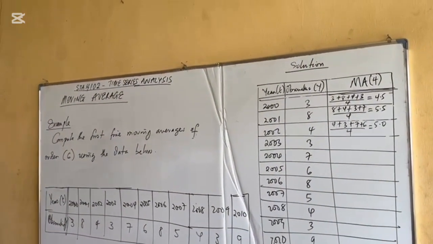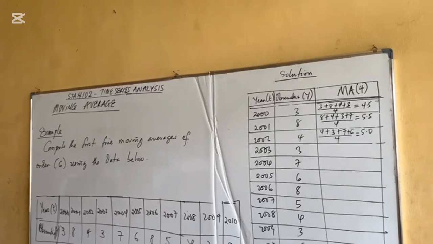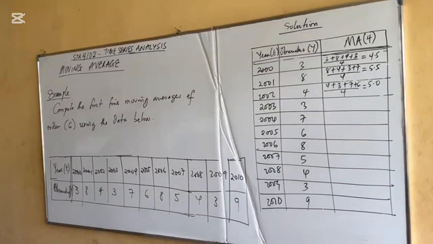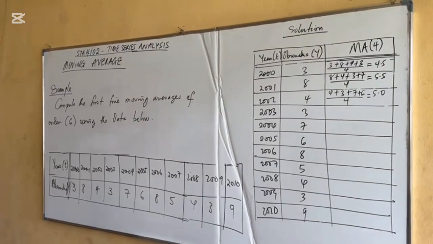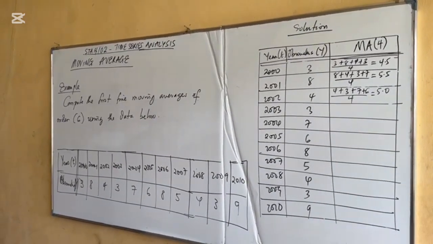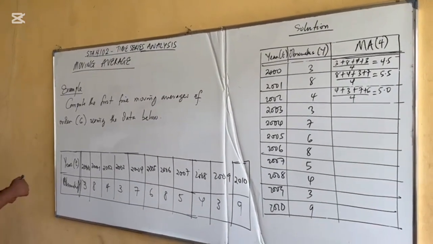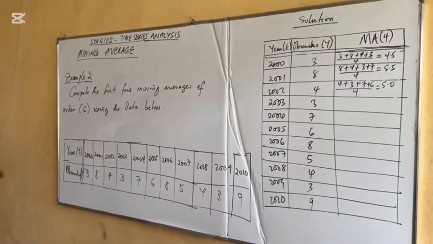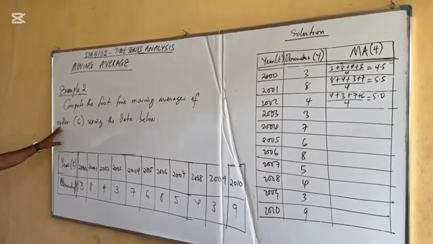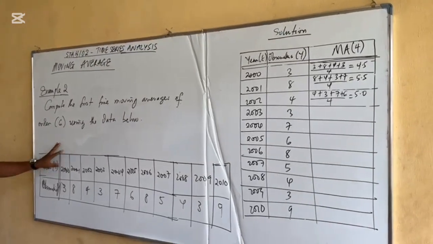I hope everybody follows. So, let's call this example 2. Compute the first 5 moving averages of order 6 using the data below.